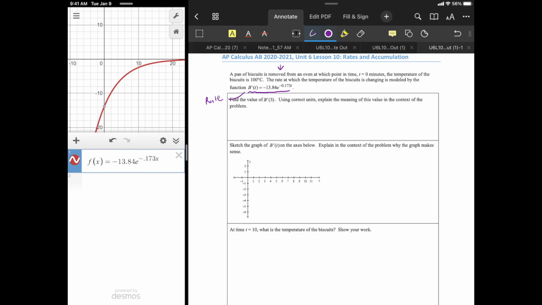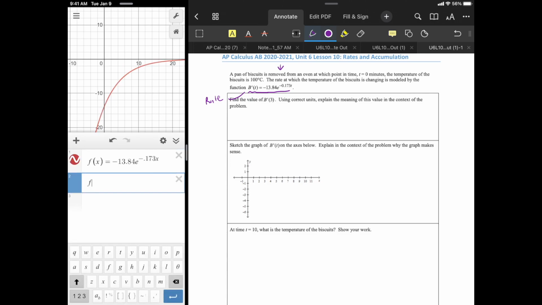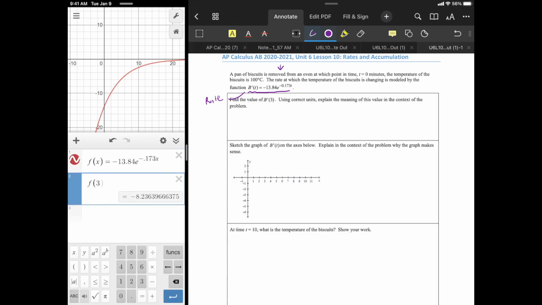And it keeps going down, but the closer you get to room temperature, the slower that change keeps happening. So if we go along here, at 3, f of 3 is a very convenient thing that you can do here. So remember this is b prime of 3 equals negative 8.236 degrees Celsius per minute.